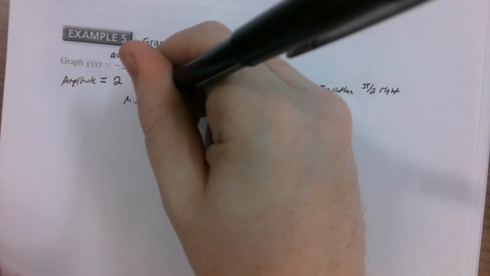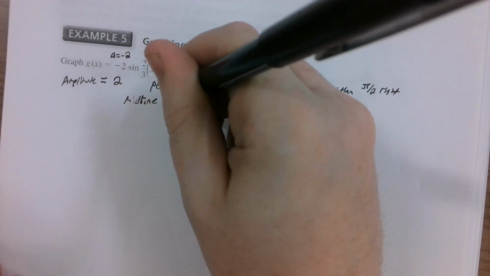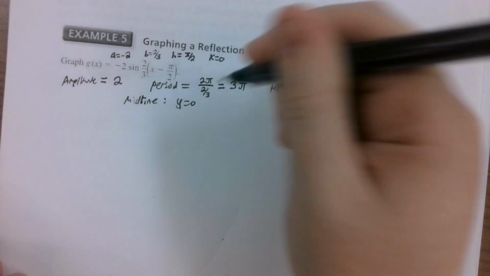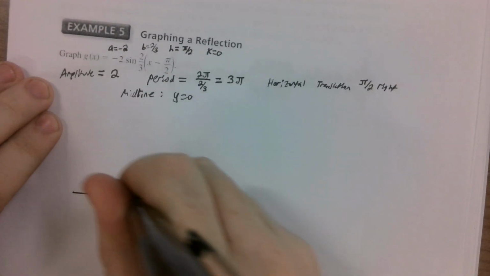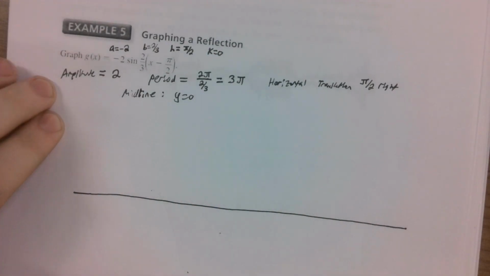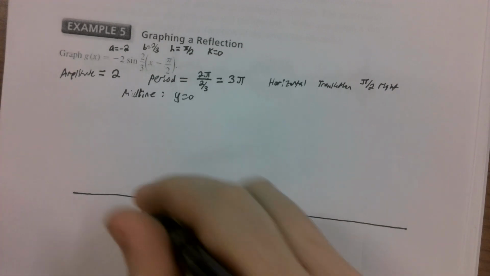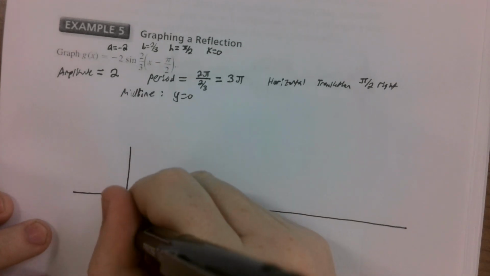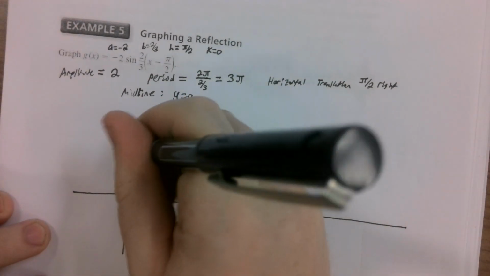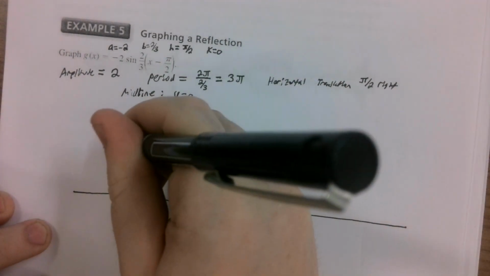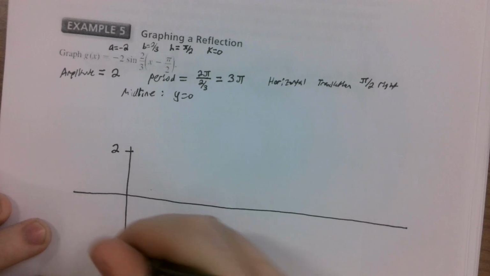So that gives us that our midline, luckily for us, is just going to be y equals 0, just the default. Okay, we're starting to build a picture of what our graph is going to look like. Since we moved to the right, I'm going to leave some space on the right for our graph, but we know we're starting at 0, the amplitude is 2, so our maximums and minimums are going to hit 2 and negative 2 respectively.